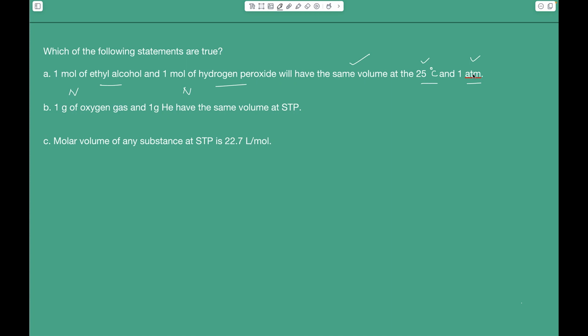But remember, this equal number of molecules having equal volume at a given temperature and pressure is applicable only to gases, not to liquids and solids. But at this temperature and pressure, ethyl alcohol and hydrogen peroxide are not gases. So this logic is not applicable here. So this may not be true. I cannot tell.